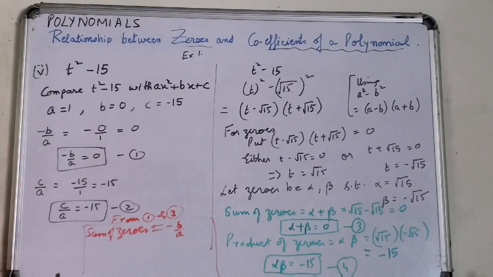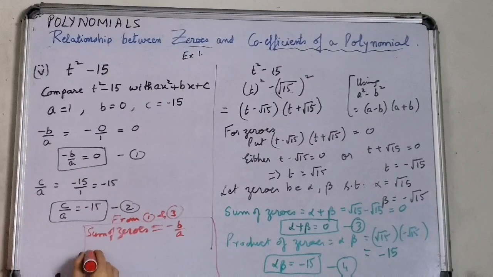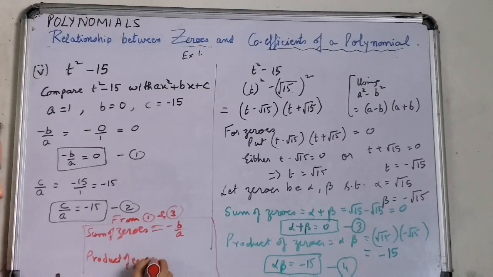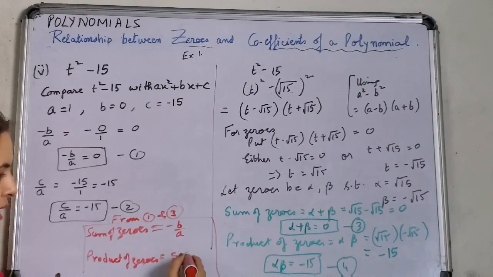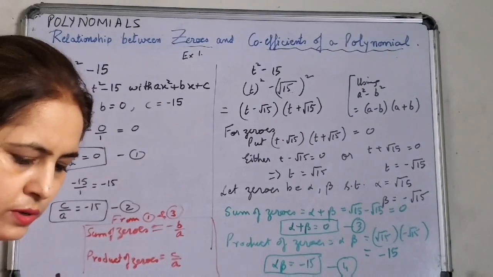That is minus coefficient of x upon coefficient of x square here, and product of zeros is equal to c upon a, that is constant term upon coefficient of x square. Here we must pen it down side by side.